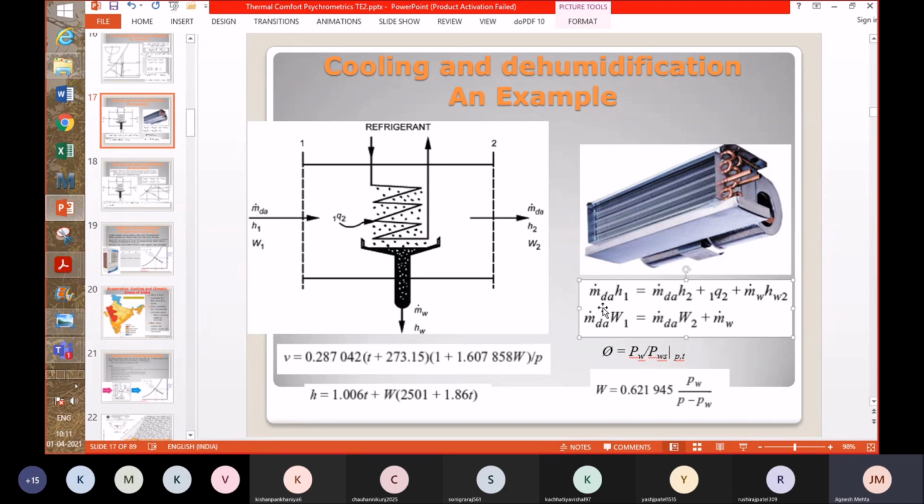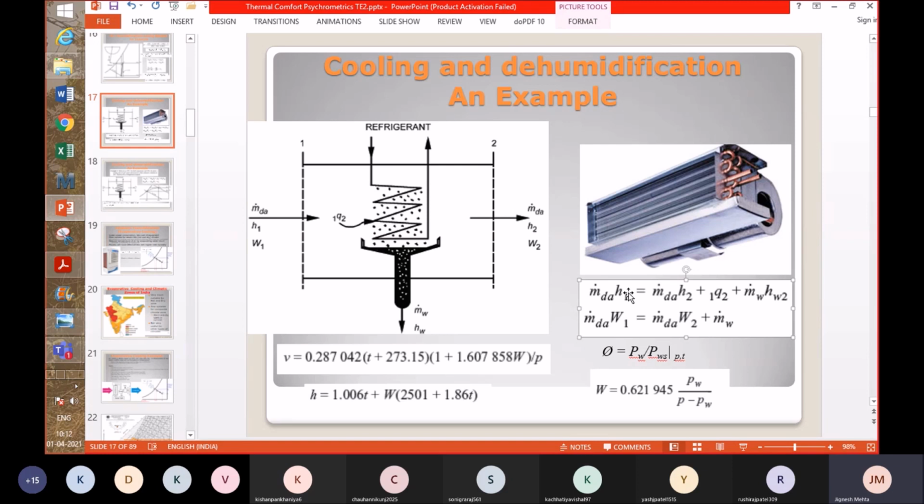So when it enters, the moisture content is higher, and you are removing water or condensate at some rate from the system, and finally the moisture content in the outgoing stream is m dot dA into W2. Okay, so that's the moisture balance equation or water balance equation.